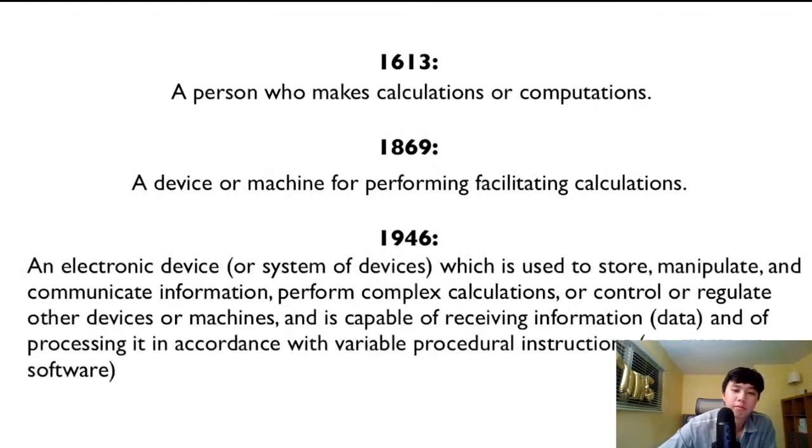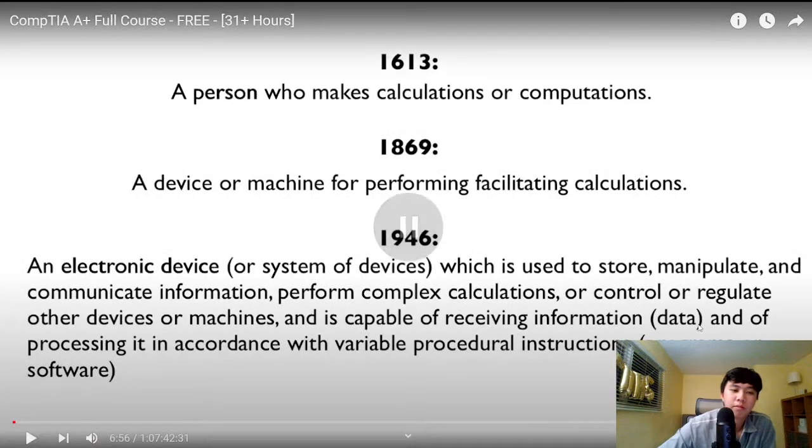And I thought, using a person... I think the more we move forward, the more complex the definition is going to be. So like you can see, 1613, it's just a few words that describe the computers.